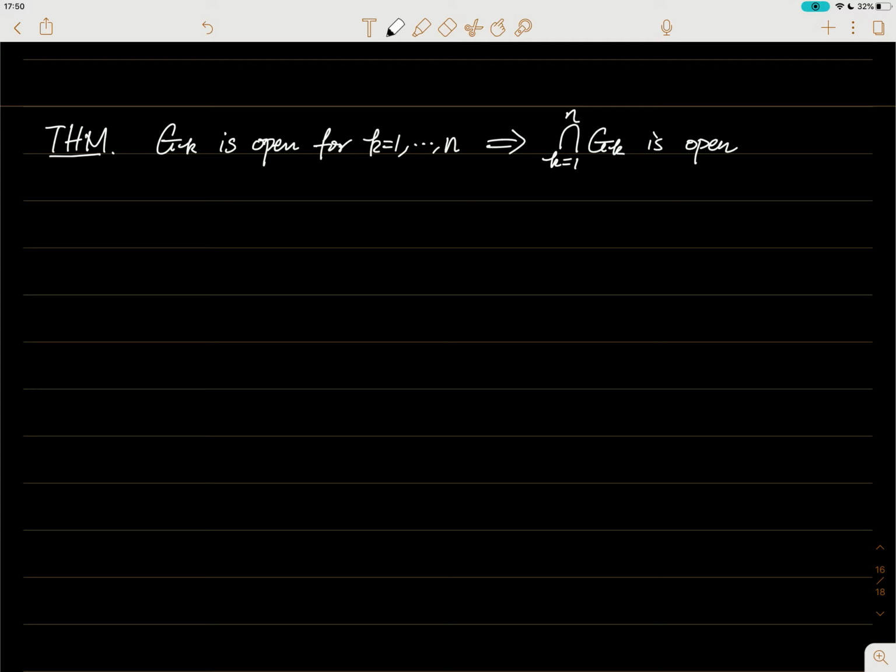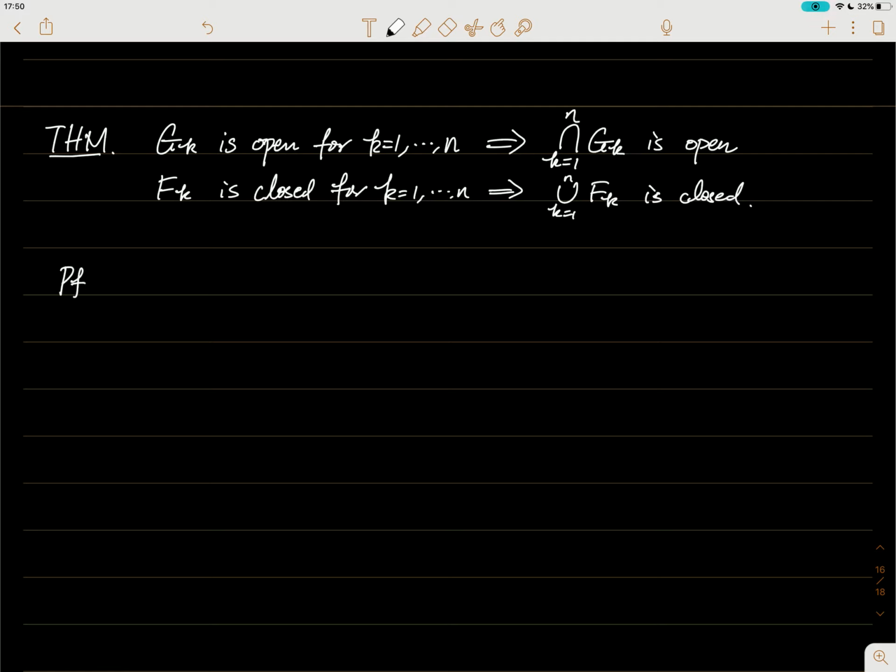Although in general the intersection of open sets is not necessarily open, when I take only finitely many of them, it will still be open. Similarly, if F_k is closed, again only finitely many closed sets, then the union of them will still be closed.